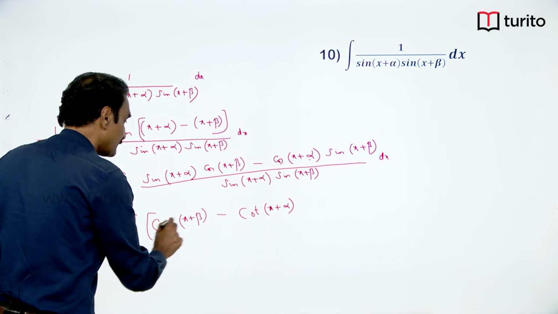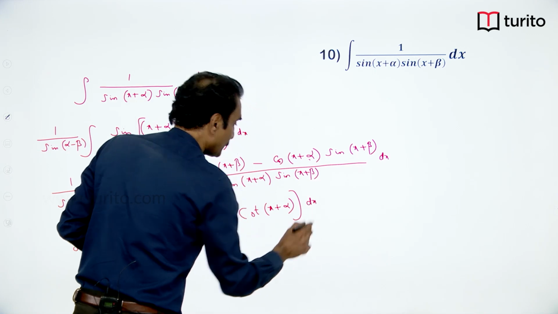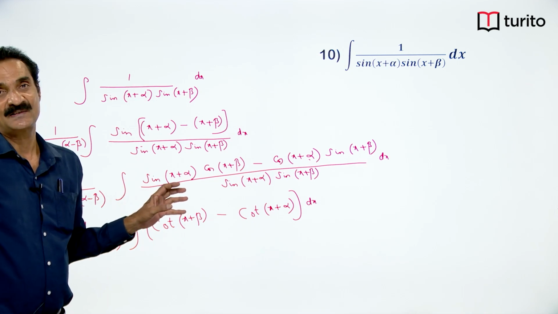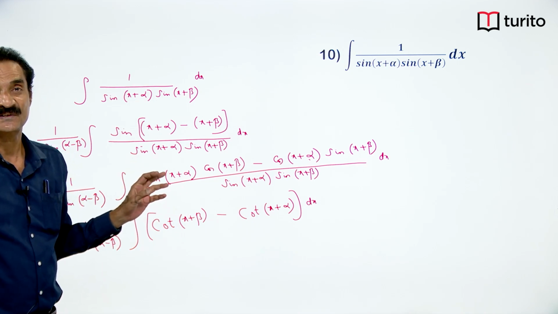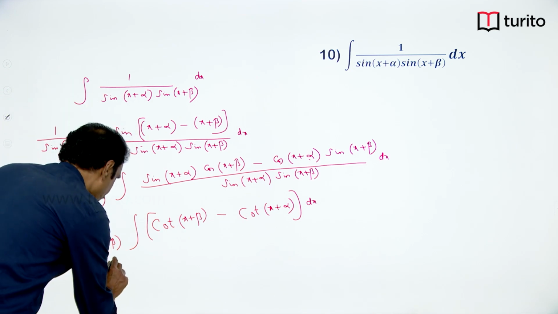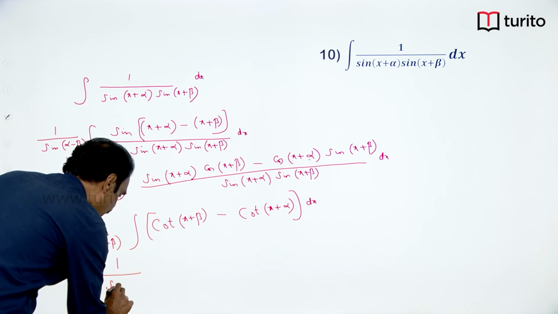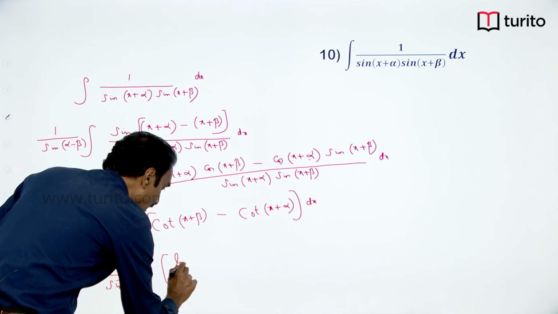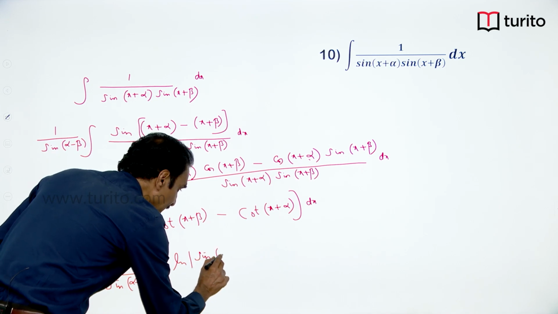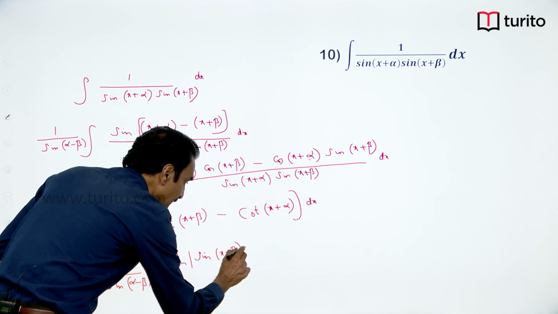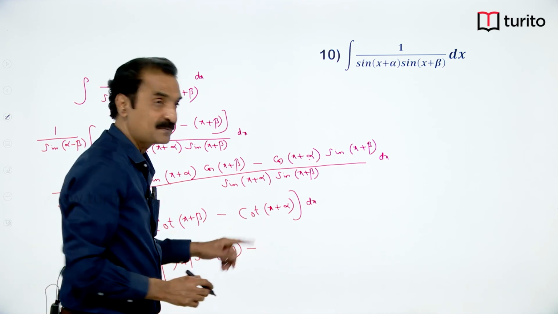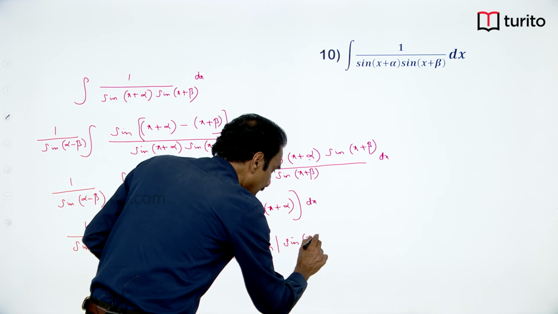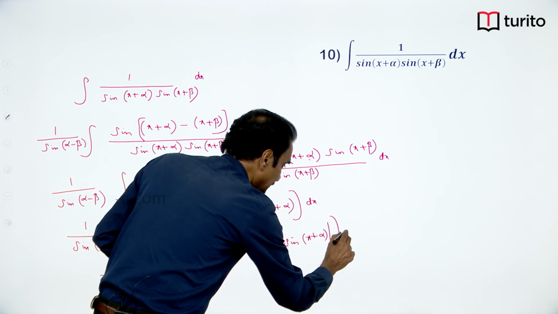Okay. Alpha and beta are constants. You know the integral of cot x. Integral of cot x is ln mod sin x. So, this integral is 1 by sin alpha minus beta into ln mod sin x plus beta minus ln mod sin x plus alpha, plus c.